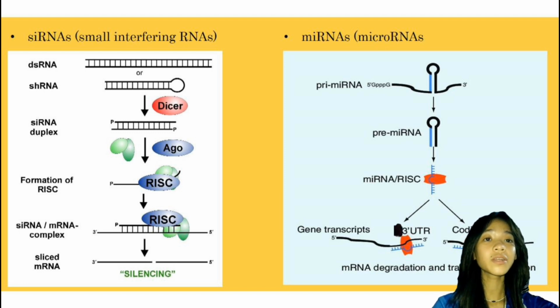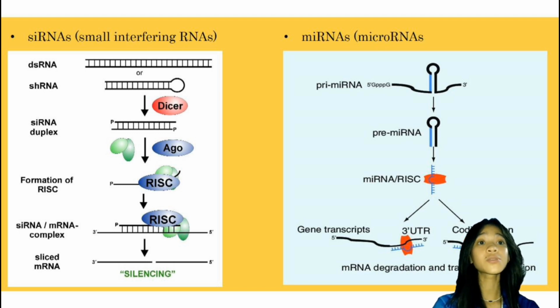Small interfering RNAs, dito ay they are processed by the enzyme Dicer into short duplexes that are incorporated into a protein complex called the RNA-induced silencing complex, or RISC.